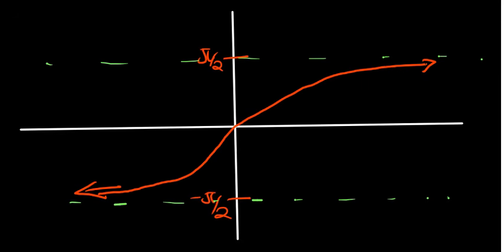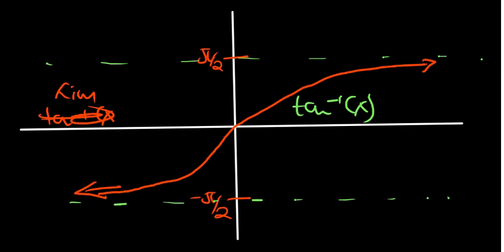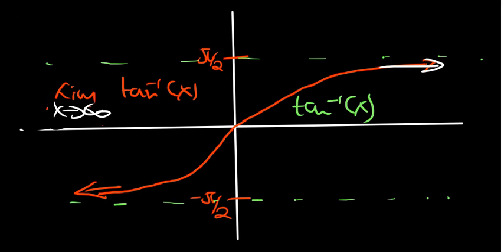So this is tan inverse of x. If you determine the limit of tan inverse of x as x approaches infinity, we can see that as we go towards infinity, the value of y is getting closer and closer to pi over 2. And so that's the answer. So looking at the graph gives you an idea on how to determine the values of that function.